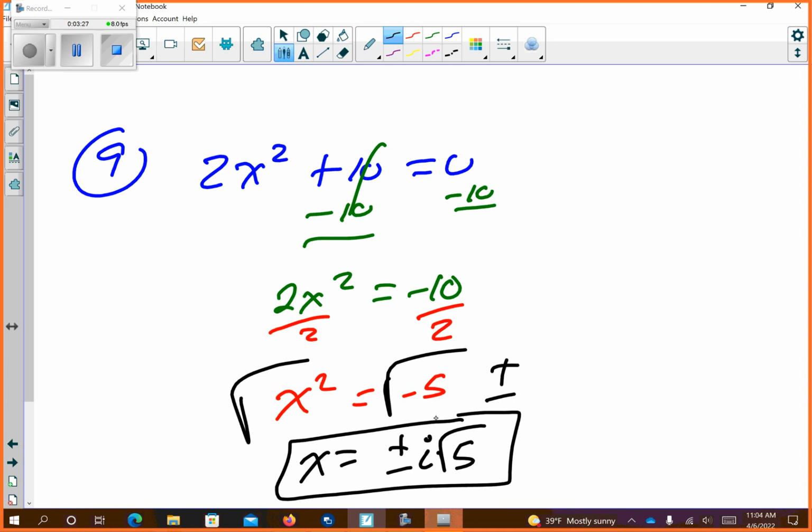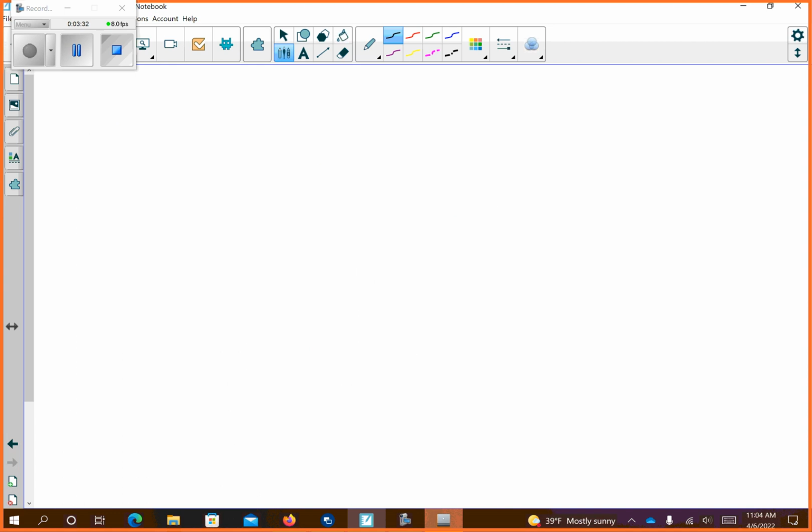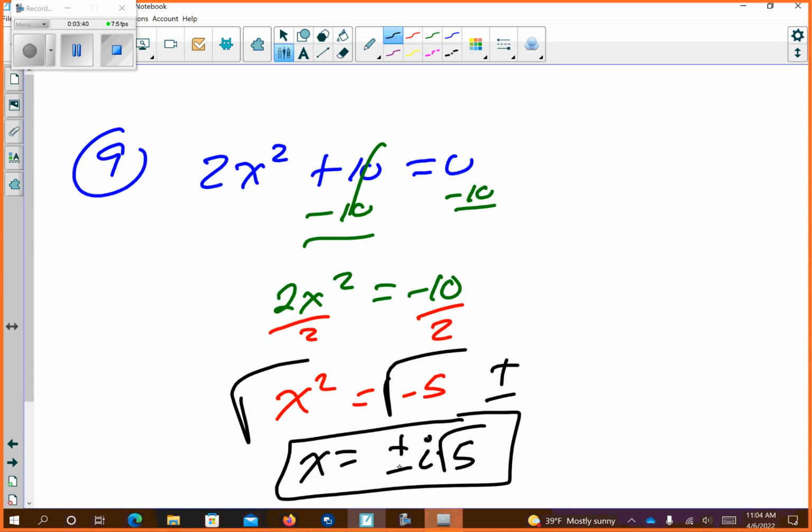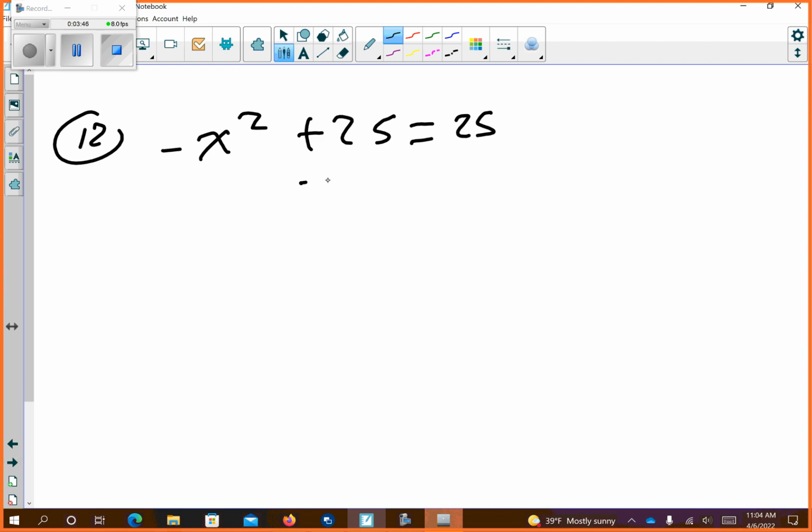12. Number 12, I got negative x squared plus 25. The plus minus indicates 2. All right, so let's see. Subtract 25, subtract 25. Those both cancel.